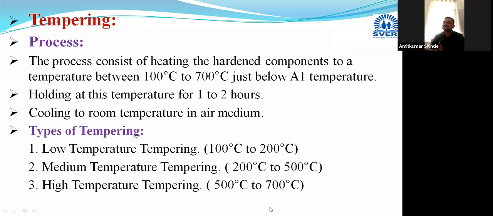If it is not visible, or cannot be identified under the microscope, then it is termed sorbite. Spherical cementite which is visible is termed spheroidite, and if it is not visible, it is termed sorbite.